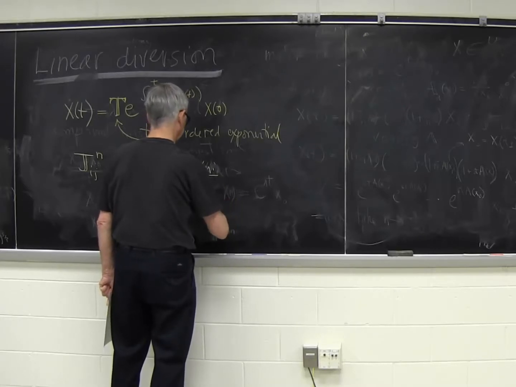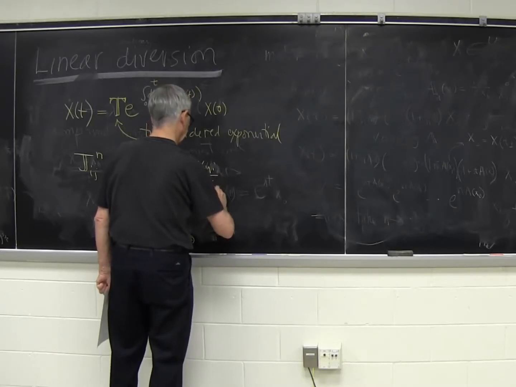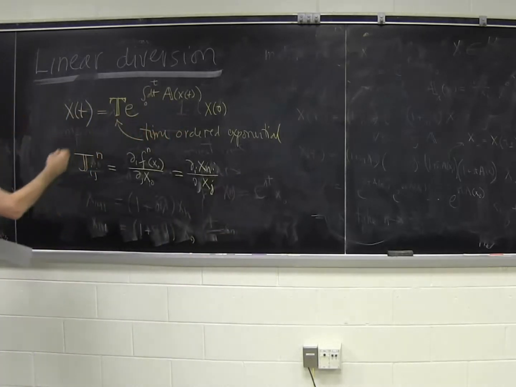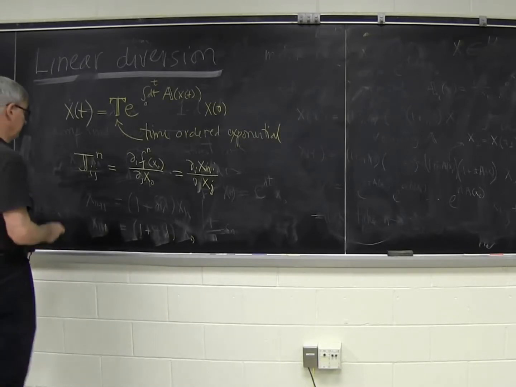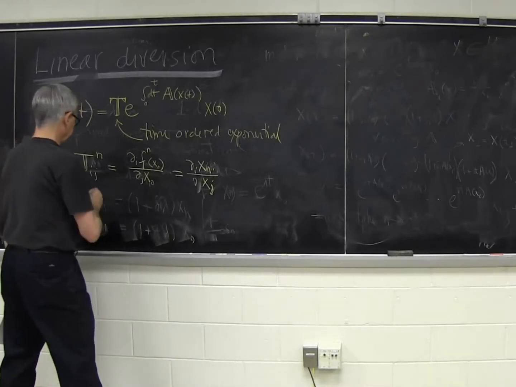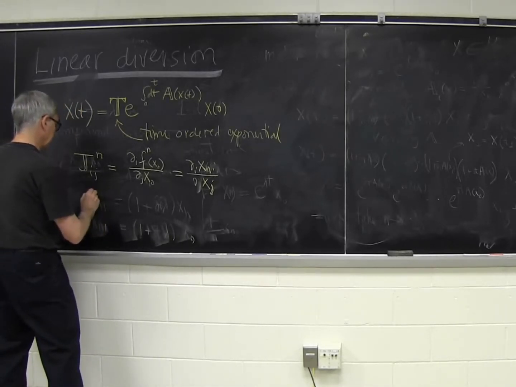So that's the Jacobian. It's the same definition, continuous and discrete. But for discrete time, we can use a very famous rule.